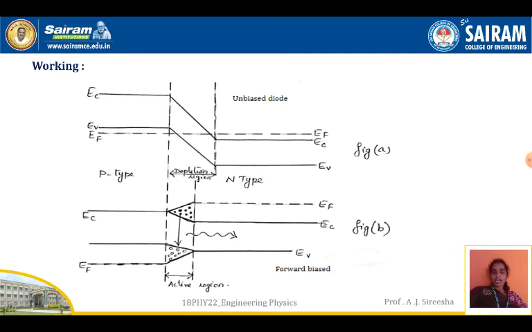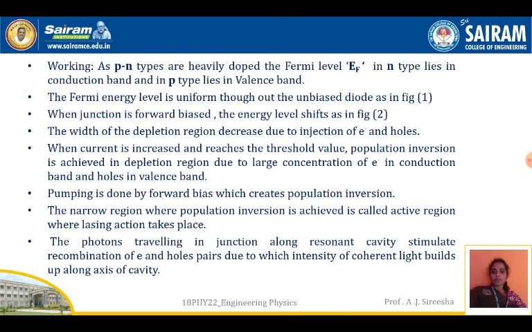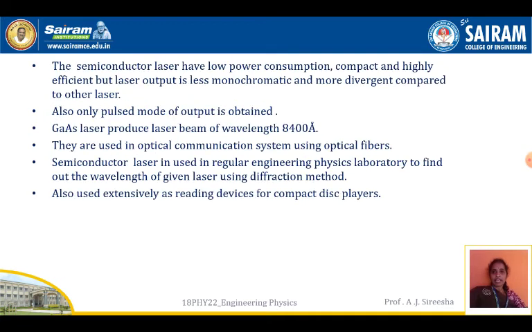See here, as this electron jumps from the conduction band to the valence band, from higher energy to lower energy, a photon is given out. This in turn creates more light due to the reflections in the laser cavity. Therefore, a large coherent beam has been built up along the axis of the cavity.